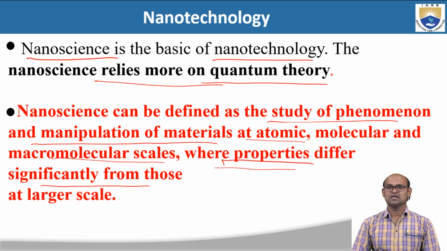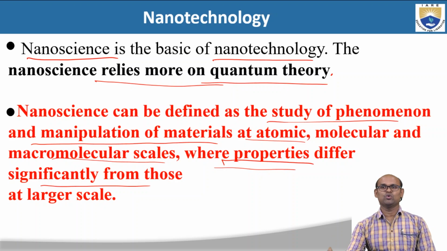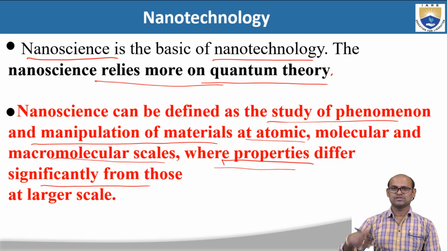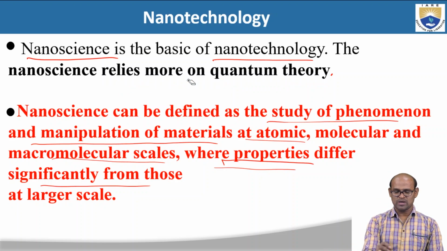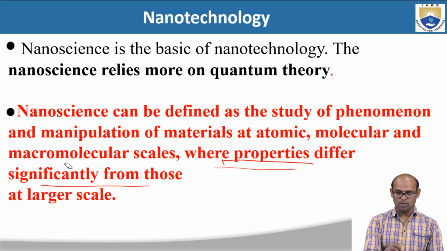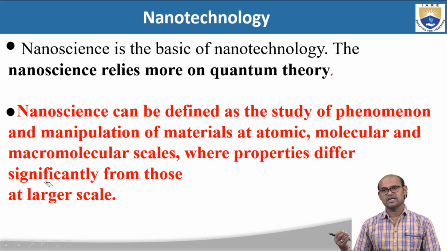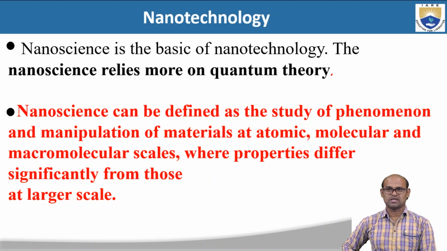So nanoscience is a study. We can use nanoscience to understand why the properties of material change when we go from centimeter scales to nanoscales. Okay, so that is what nanoscience is. It will help us to understand why the properties of materials change when we go from centimeter scale or the macro scale to the angstrom scale.